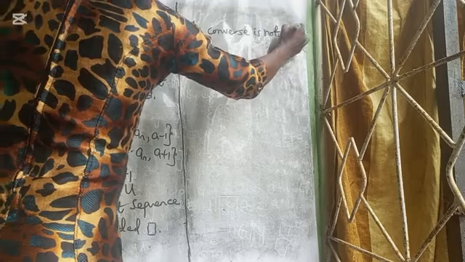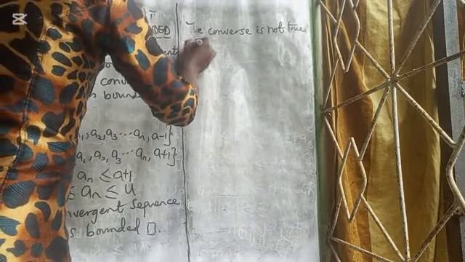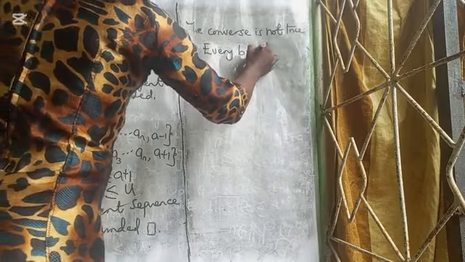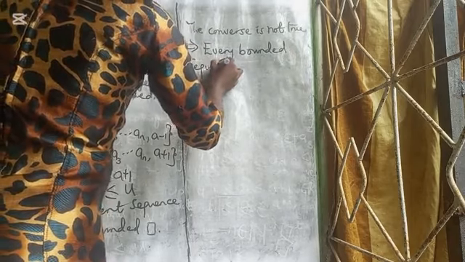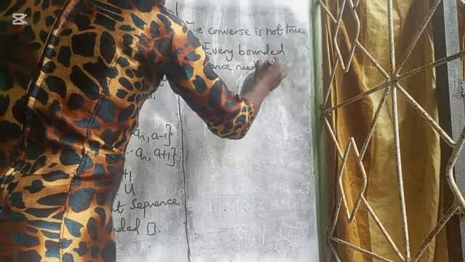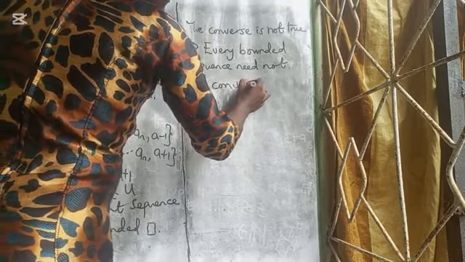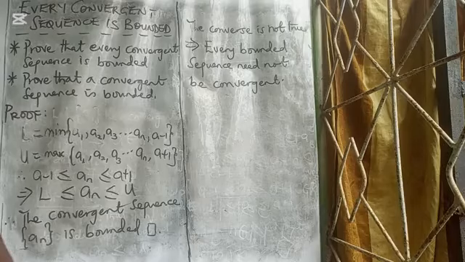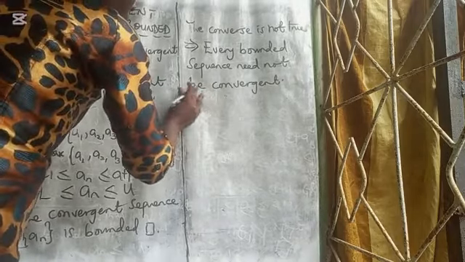It means that every bounded sequence need not be convergent. And we can show that in the example below.